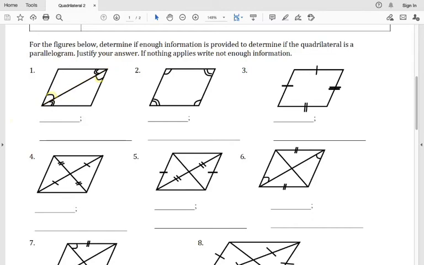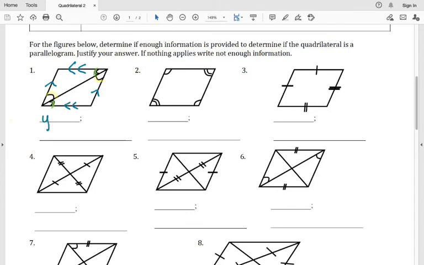So I'm going to mark that. This line is parallel to this line. And then you've also got these angles here congruent to these angles here. So that's going to mean that these lines are parallel to each other.